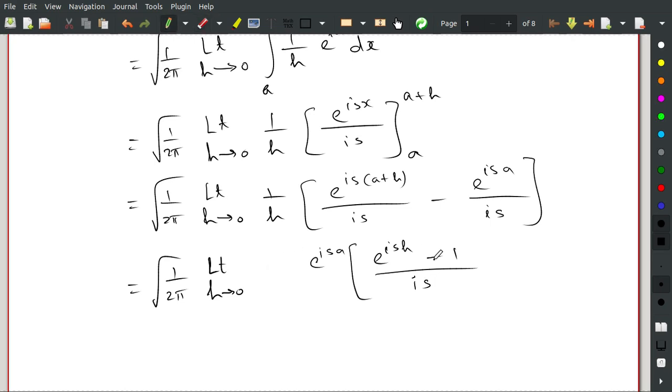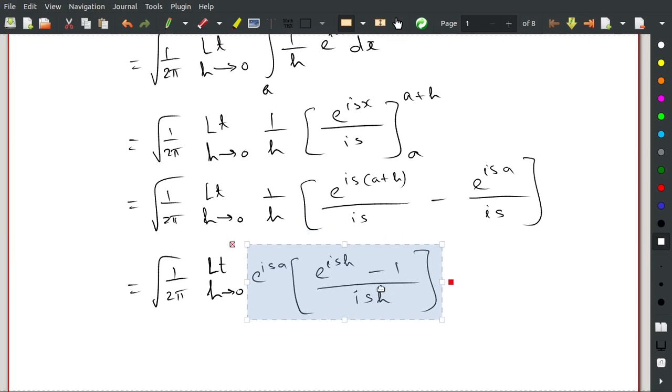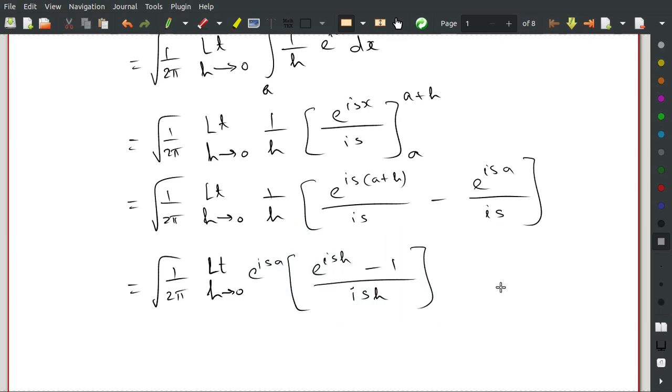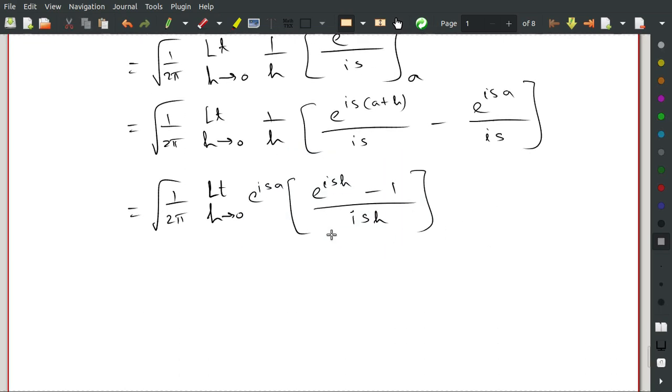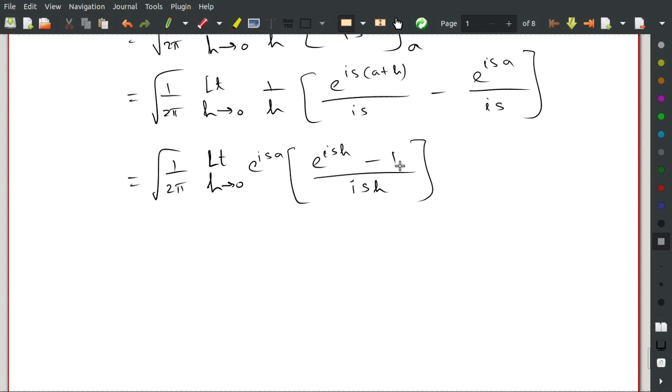Therefore, we have h here. And this is nothing but e power theta minus 1 divided by theta.